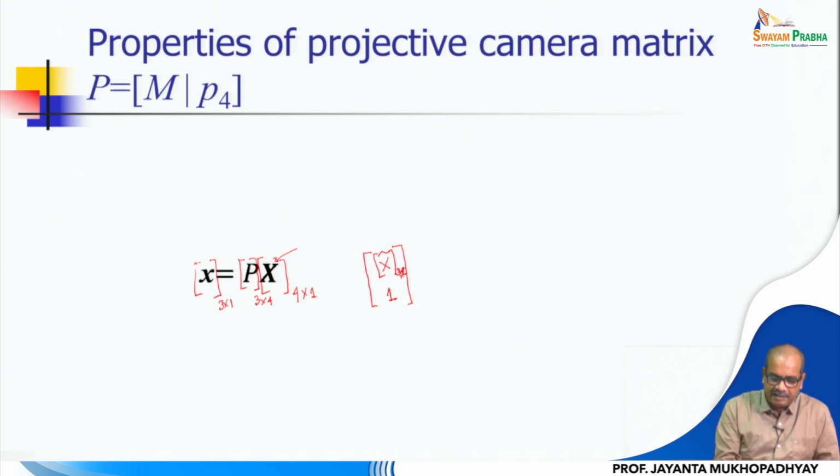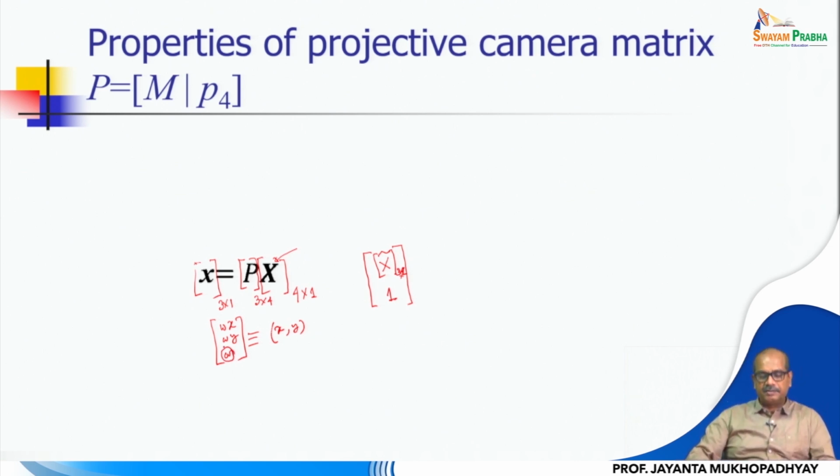So we understand that if this image point is expressed in the form of w into x, w into y, w, then actually this is equivalent to the image point x, y. This is a homogeneous coordinate system. Once you transform, the scale value after transformation may not be equal to 1. That is why I expressed it in the form of w times x, which is the scale value, just for my convenience.